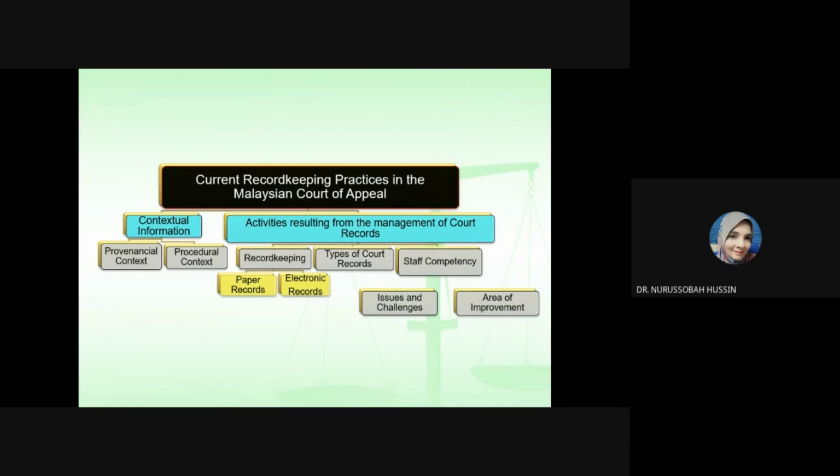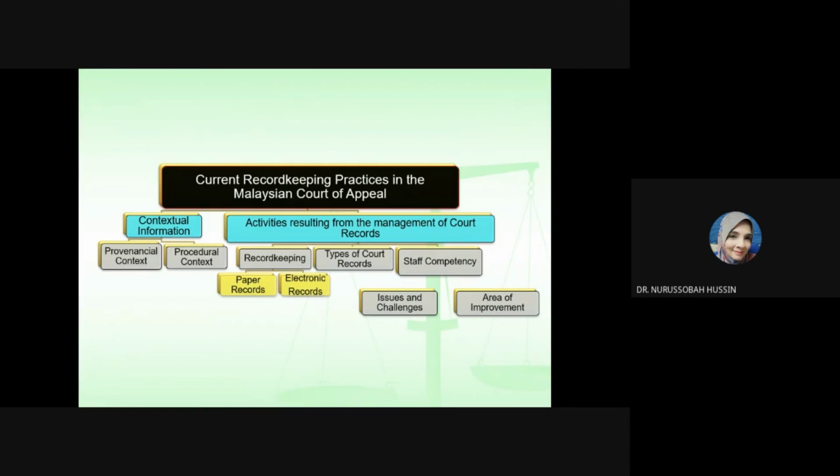Okay, and then in terms of types of records, it's also very important for us to identify the record series, to identify the vital records, and to know how long to retain the records. And then in terms of staff competency, it's also very important. Without competent staff, the electronic records management practice will fail.